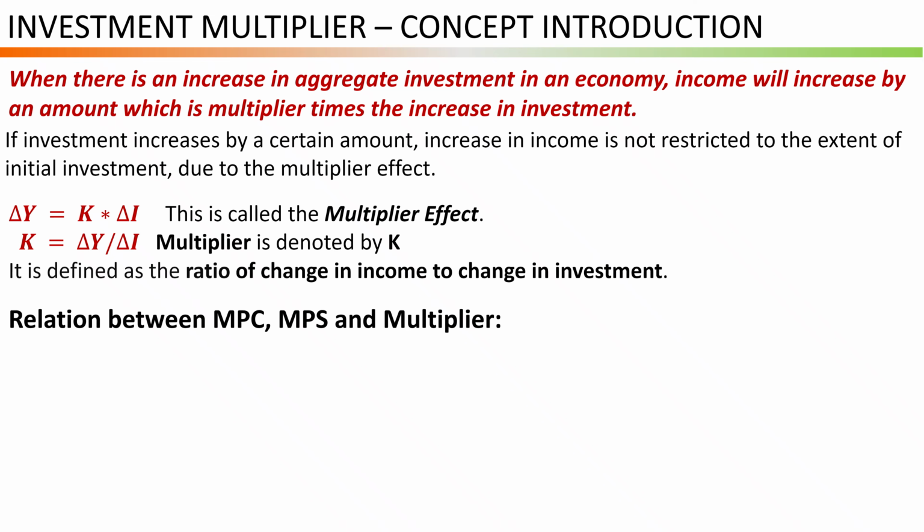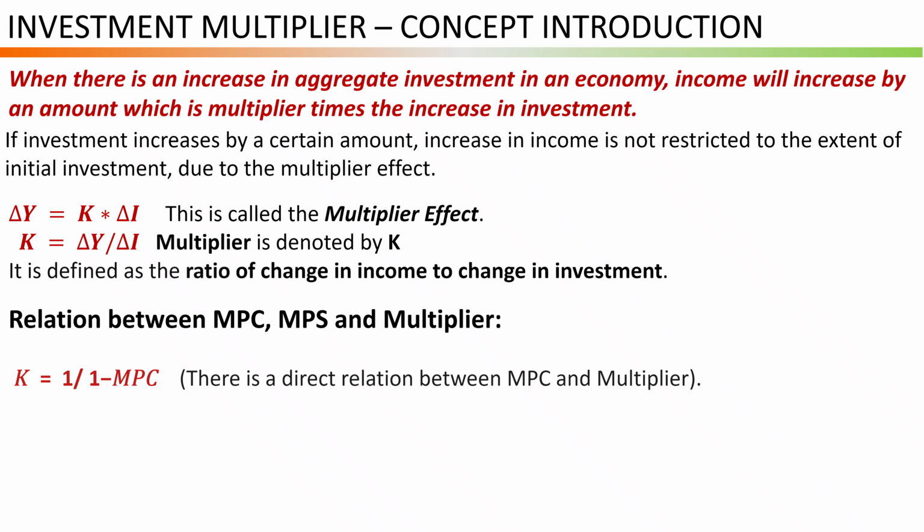Marginal propensity to consume is the proportion of additional income that is spent on consumption, and marginal propensity to save is the proportion of additional income that is saved. So K is 1 upon 1 minus MPC.